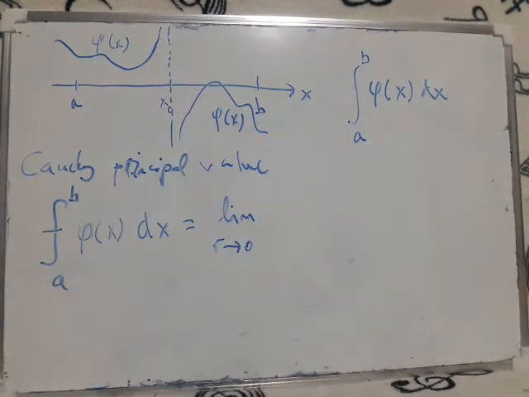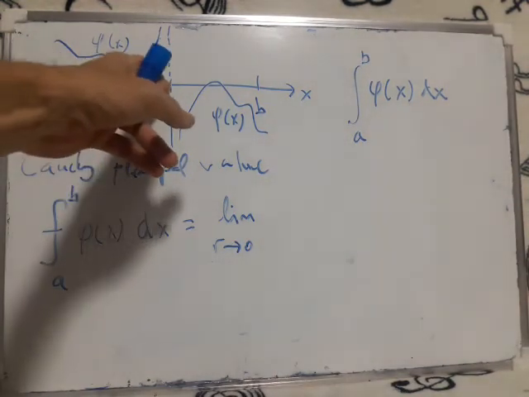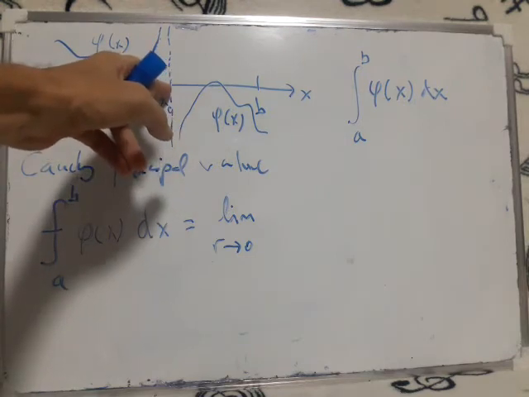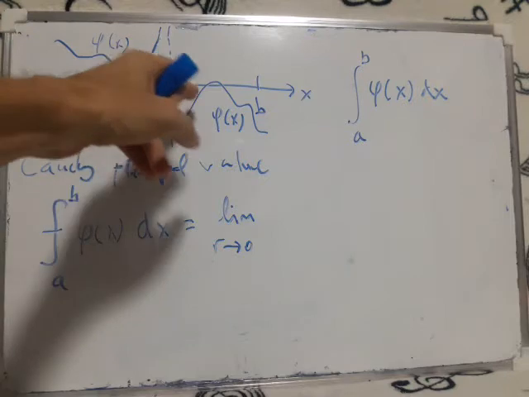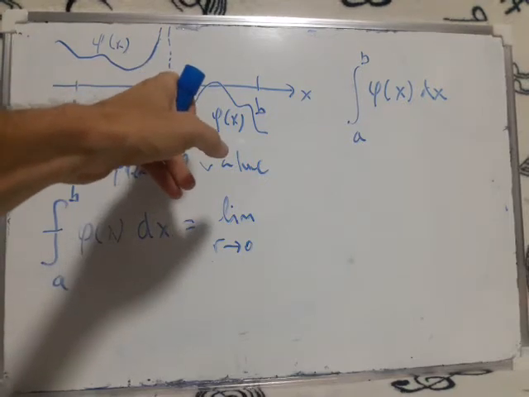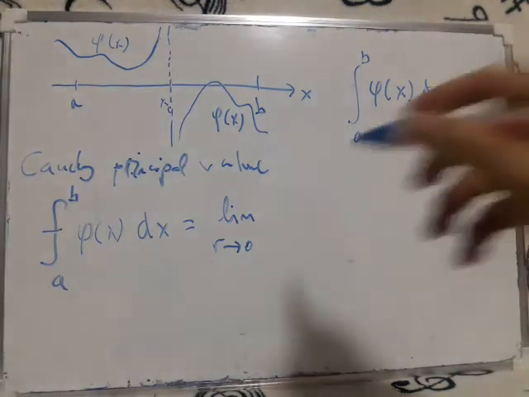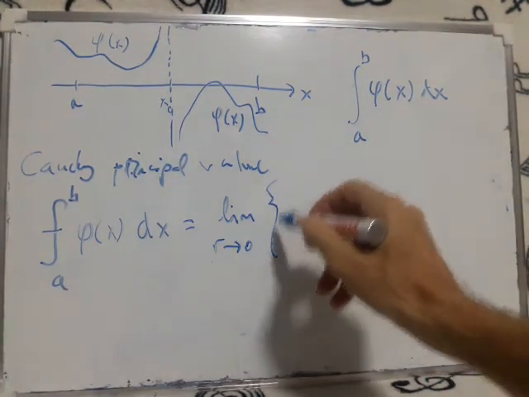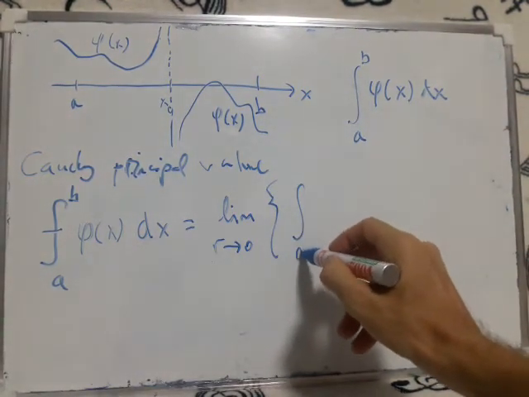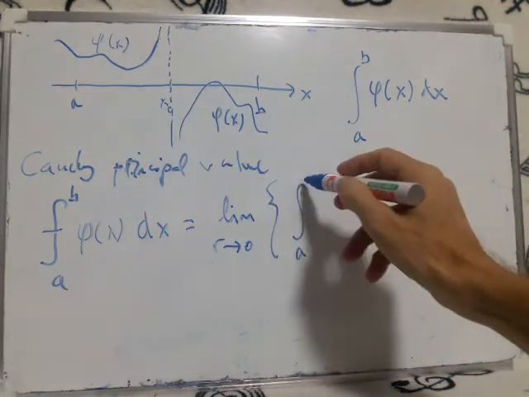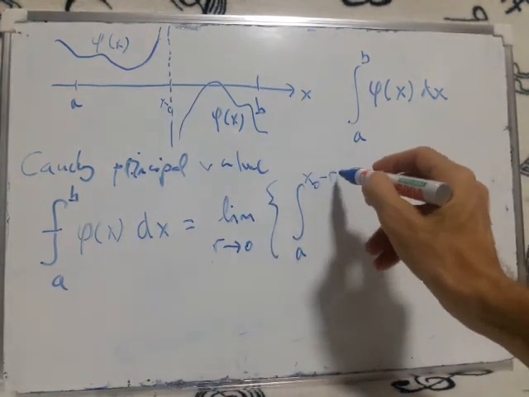So what we basically do is that we integrate up to as close as we dare to this singularity, this problem point x0, and then we start again, then we integrate from the other side. So basically what we do is this. We integrate from a up to just before x0.